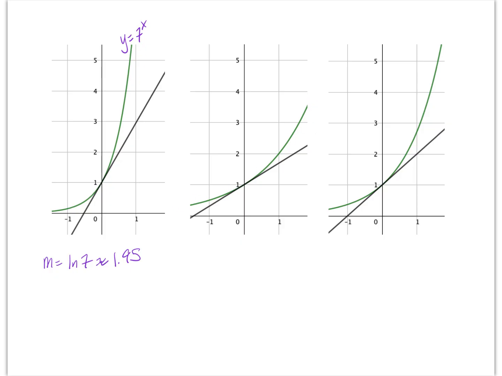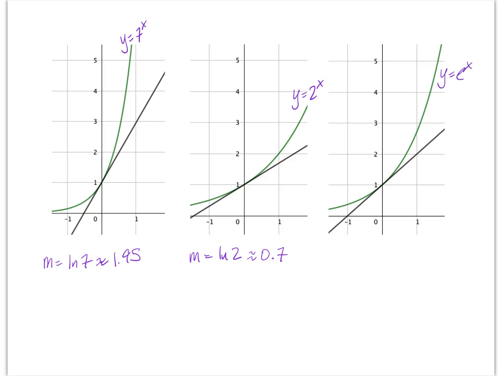So this graph is y equals 2 to the x. And the slope of the tangent line at x equals 0 is the ln of 2, which is approximately 0.7. So you can see less steep than this one. And then e to the x, this is the graph of y equals e to the x.